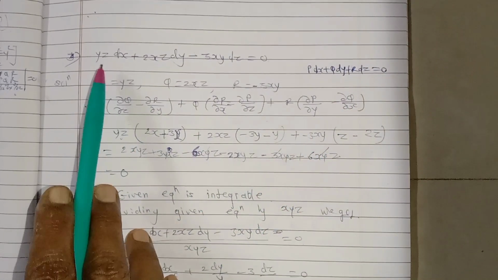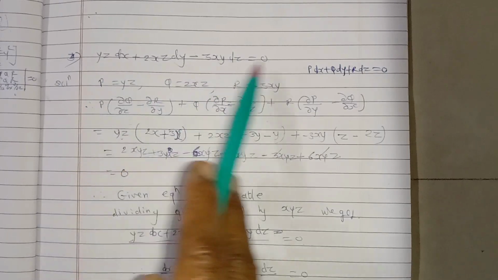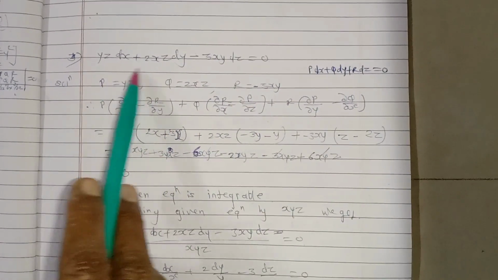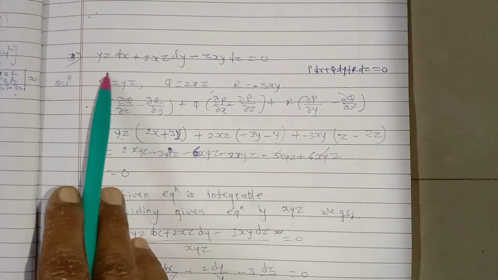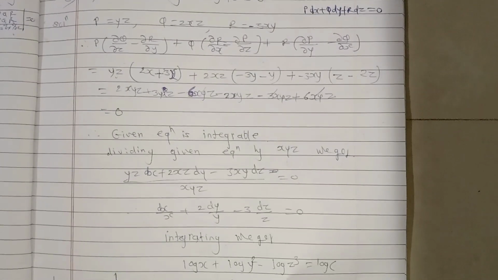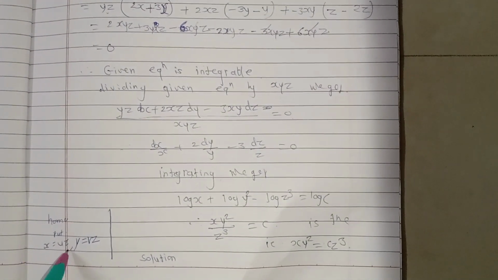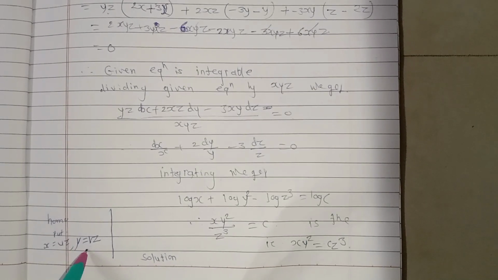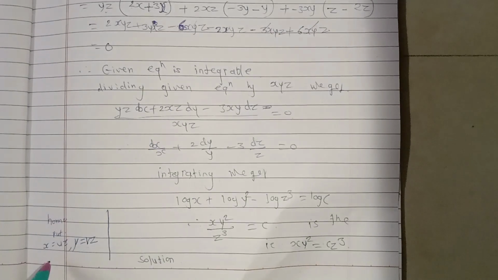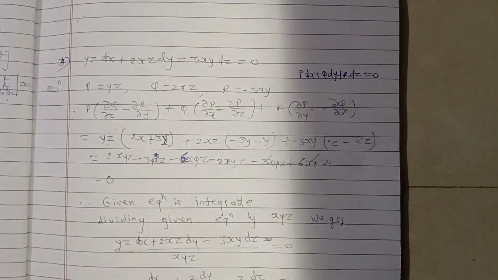Or, this is homogeneous, since the degree of every term is the same, that is 2. So if the given equation is homogeneous and it is a total differential equation, then the substitution for solving this equation is to put x equal to uz and y equal to vz, and after simplifying you can solve the given equation.